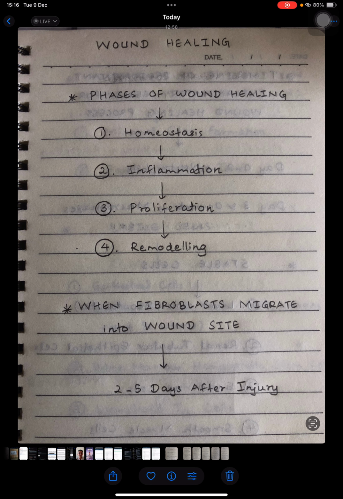So in today's video, I would like to study the wound healing chapter, which is a sub-chapter of pathology. This video will mainly be very useful for all junior doctors who are planning to sit the RCEM primary exam.